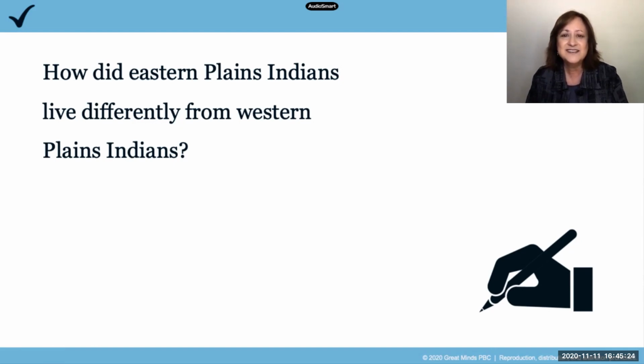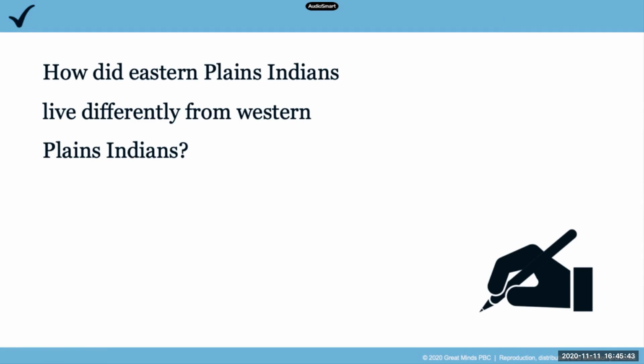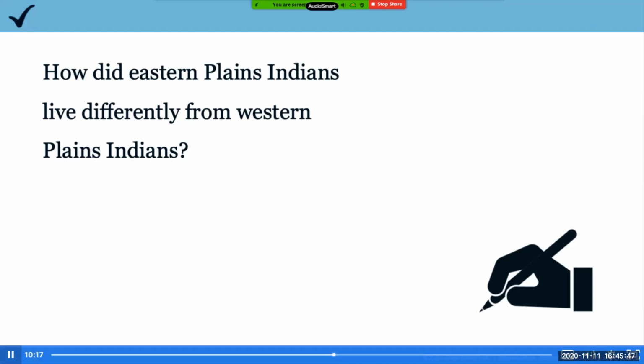The question is, how did Eastern Plains Indians live differently from Western Plains Indians? Remember to use complete sentences, and also remember, you can practice out loud before you even write anything down. Pause here to work and just hit play when you're ready to continue.